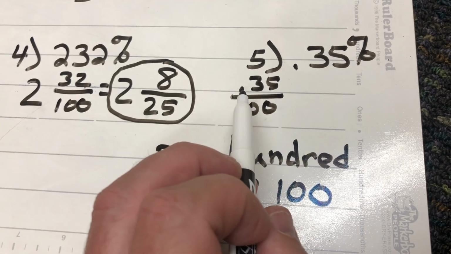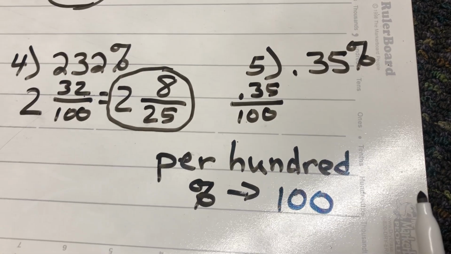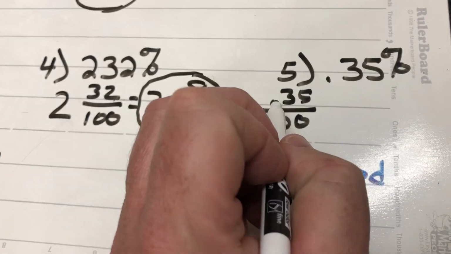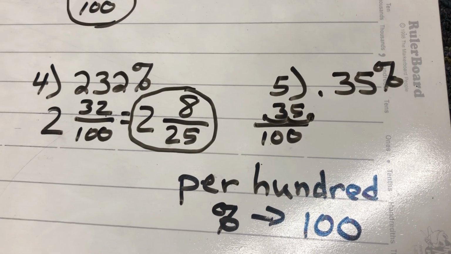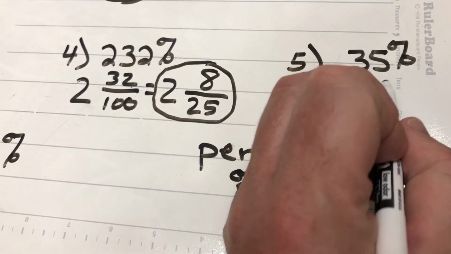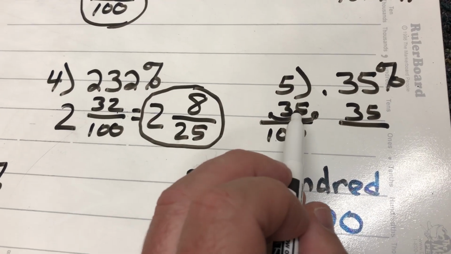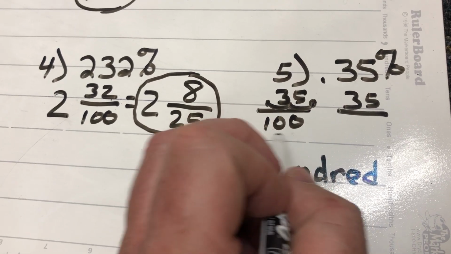But we don't really like to work with decimals in fractions. So what I want to do is similar to when we divided fractions. I want to move that decimal all the way to the right, which means that number now is going to become 35. But if I move this decimal 2 places to the right, I need to move this decimal 2 places to the right.